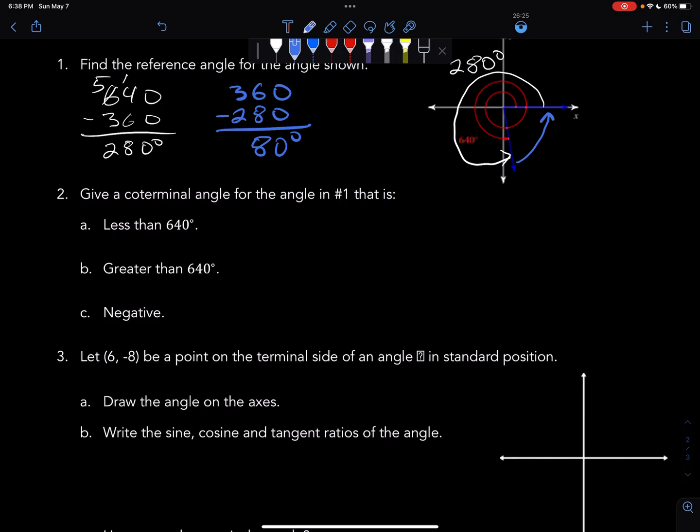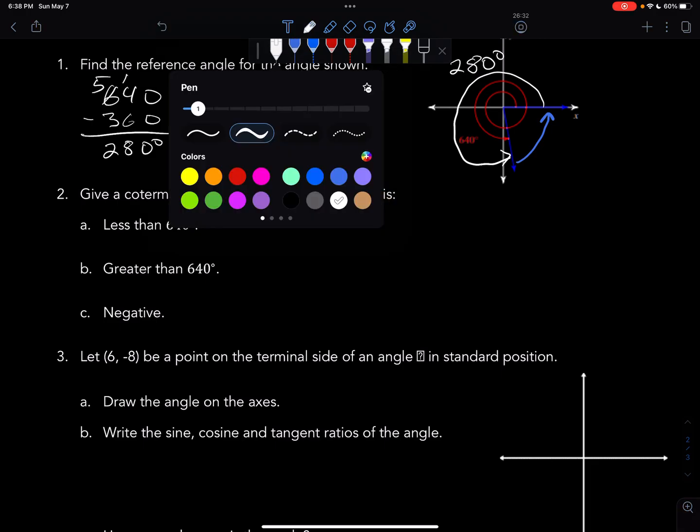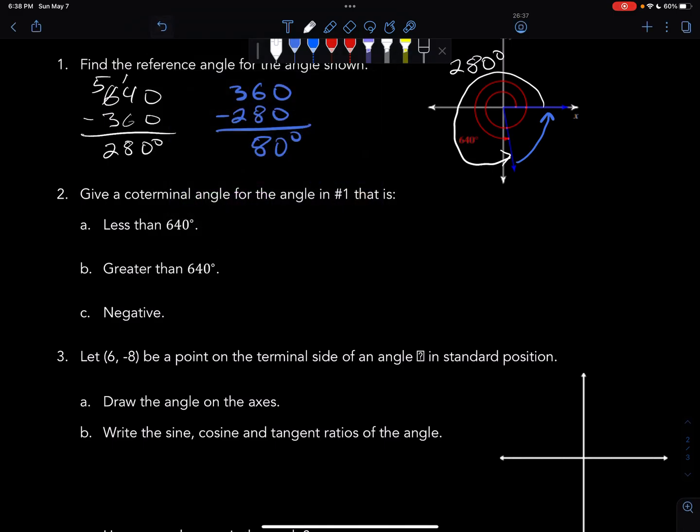So to figure out an angle less than 640 degrees, we are going to take 640 degrees and subtract 360 degrees. 640 minus 360 is 280 degrees. So that is an angle that is less than 640.